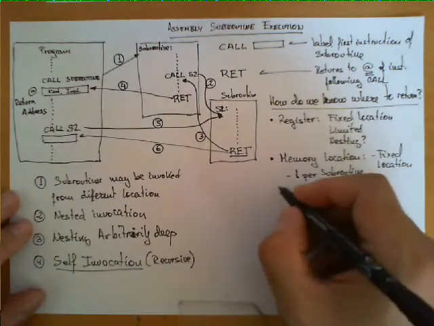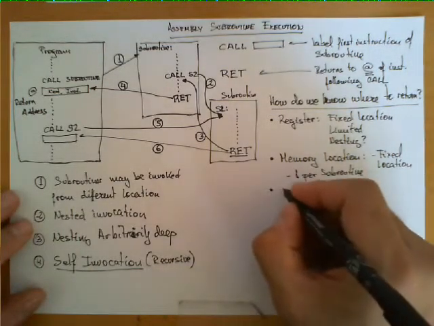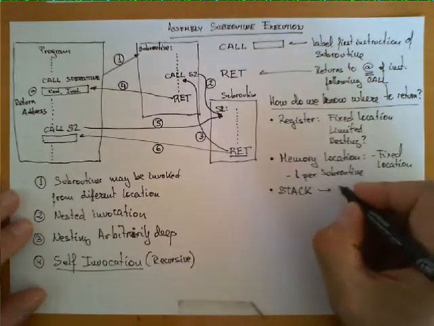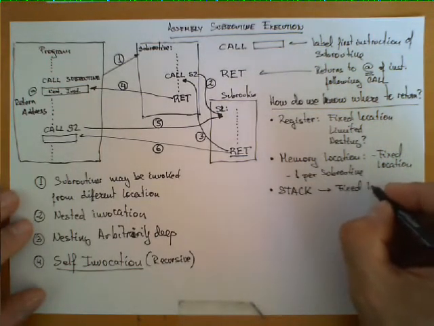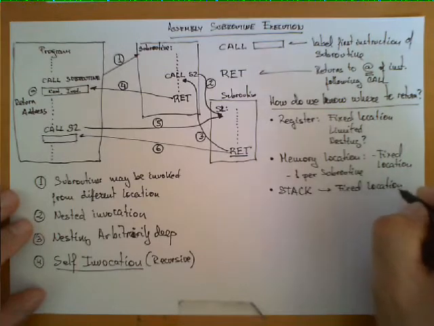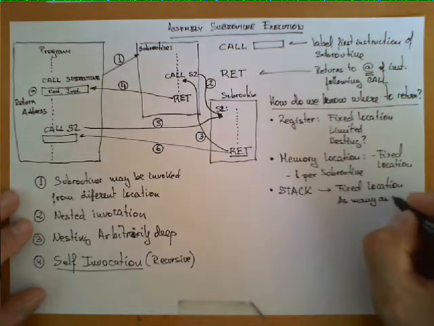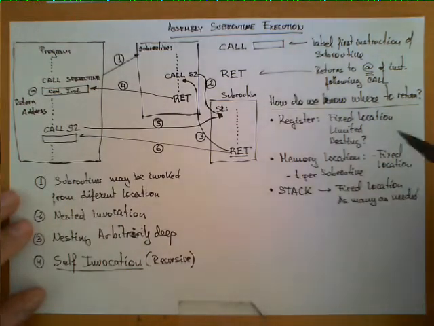And the third and final solution, which is the one that is used in most microprocessors, is to use the stack. Now the stack is a fixed location, but I can create as many entries as needed, even in the case when subroutines invoke themselves.